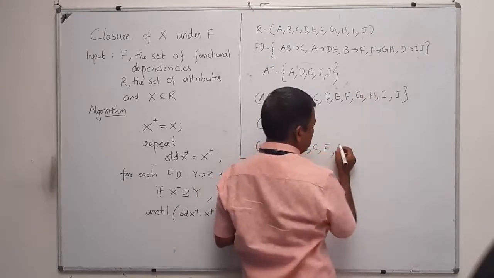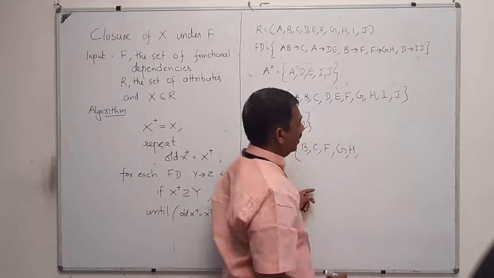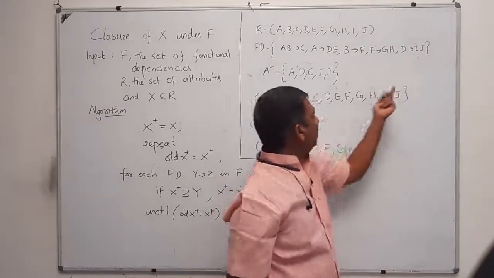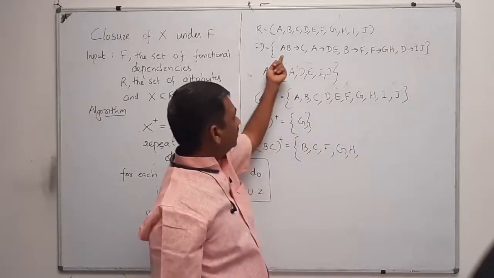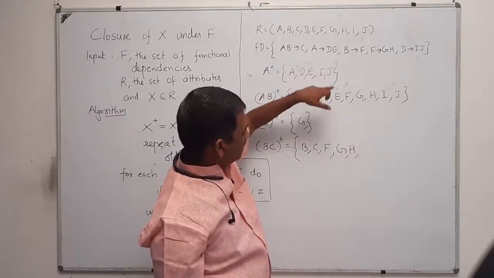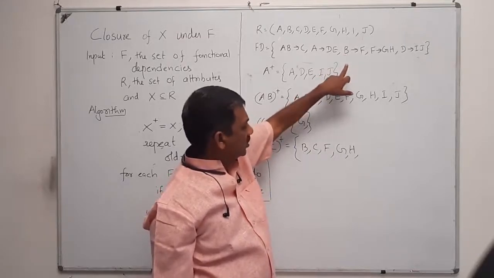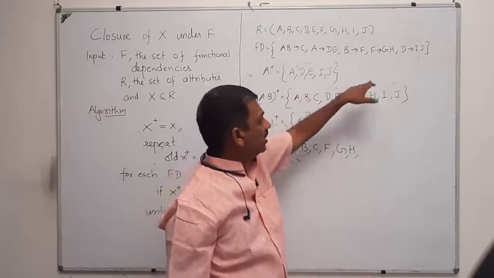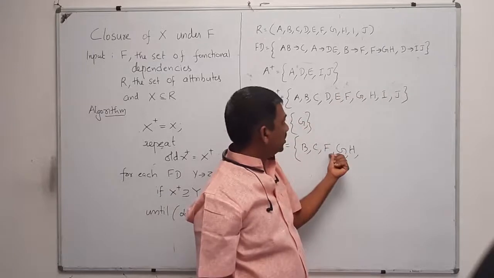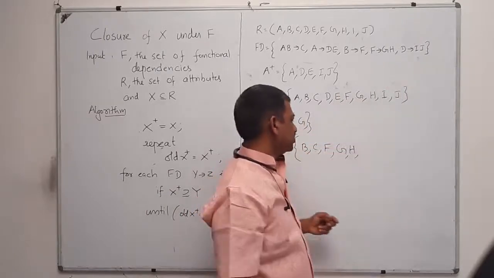F determines GH, then we are going to include G and H. Again, coming back to the starting point, what about AB? AB is not a subset of this. A is not a subset of this. B is a subset of this. F is already included. G and H are already included. D is not a subset.